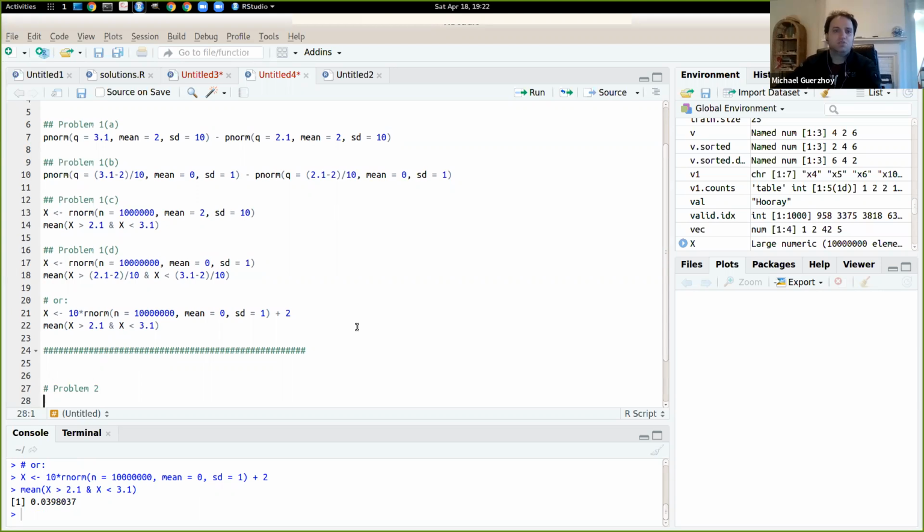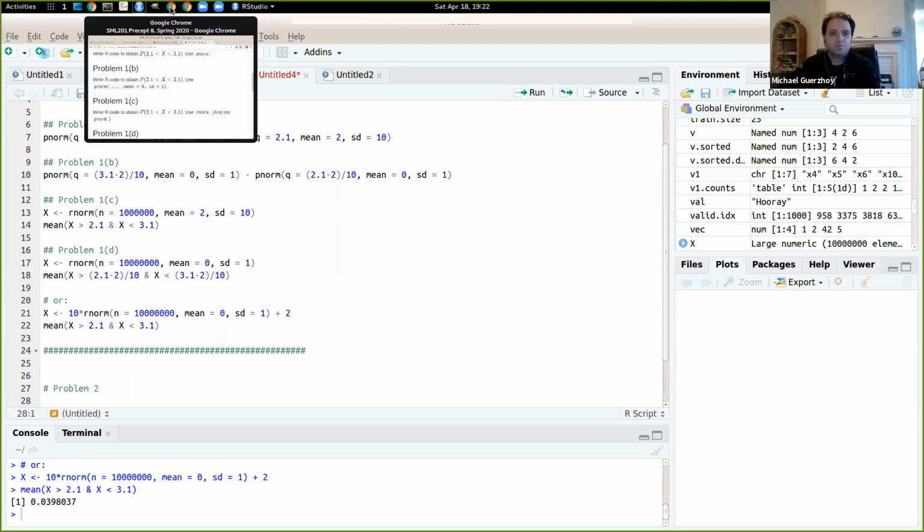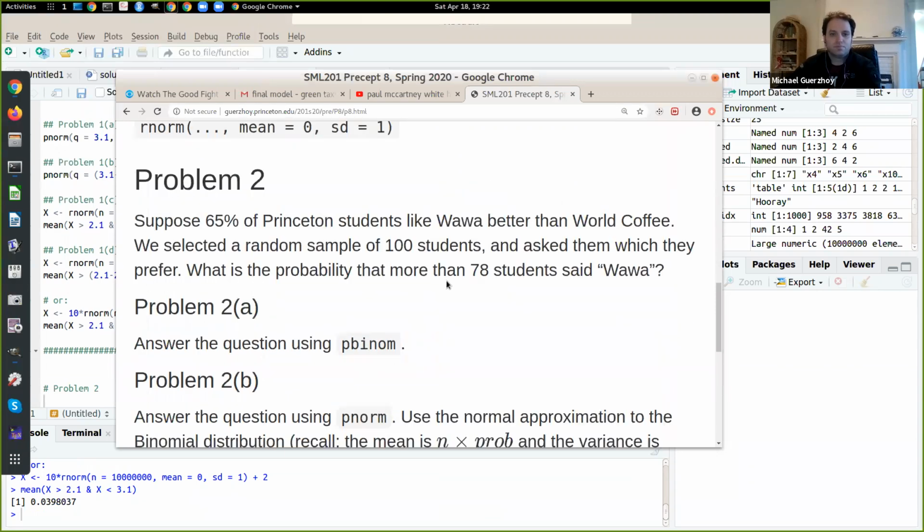So let's do problem 2. So here it says, suppose 65% of Princeton students like Wawa better than World Coffee. We selected a random sample of 100 students, asked them which they prefer. What is the probability that more than 78 students said Wawa? And we want to use pbinom for that. So we want the probability of 78 or more when the underlying probability is 0.65.